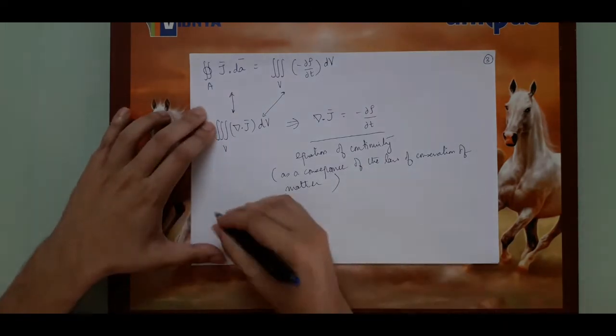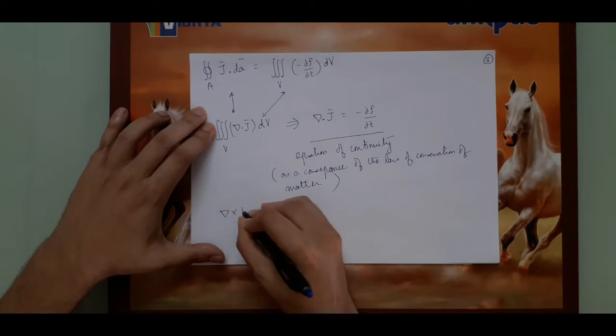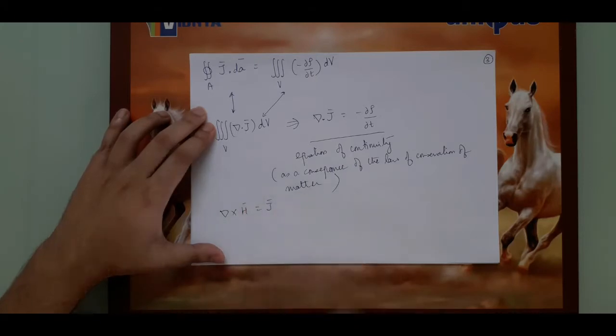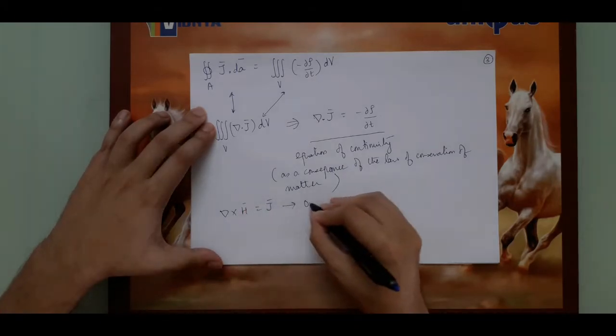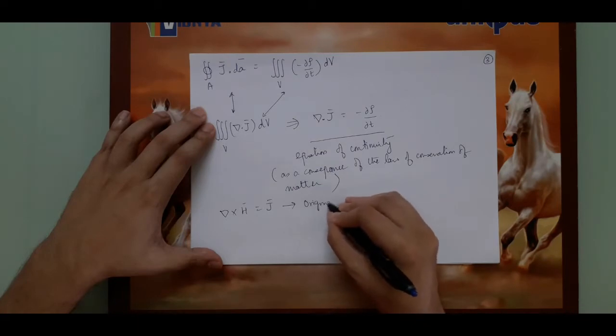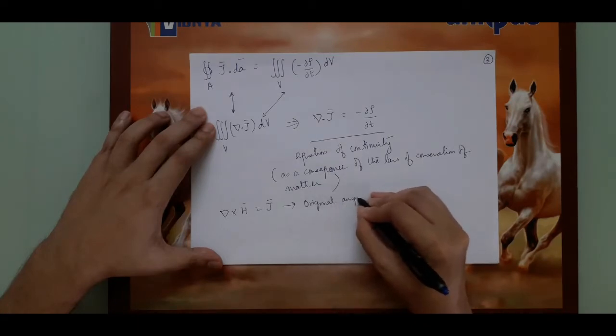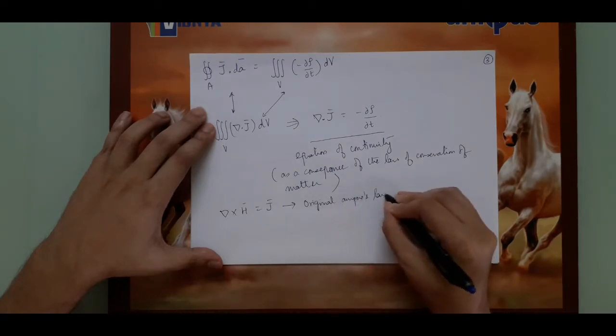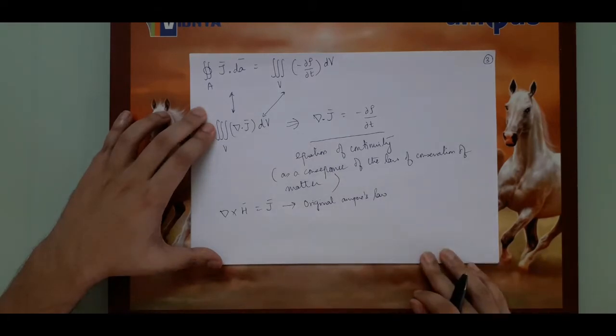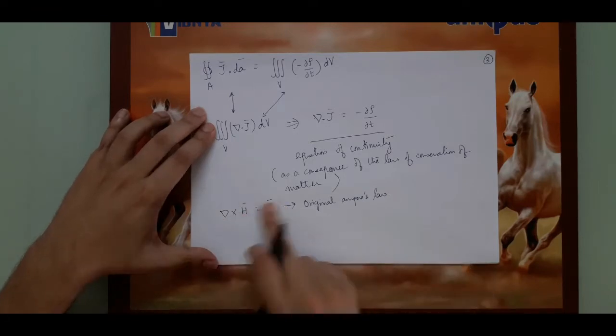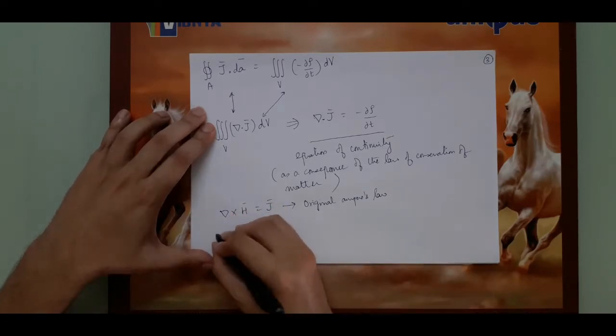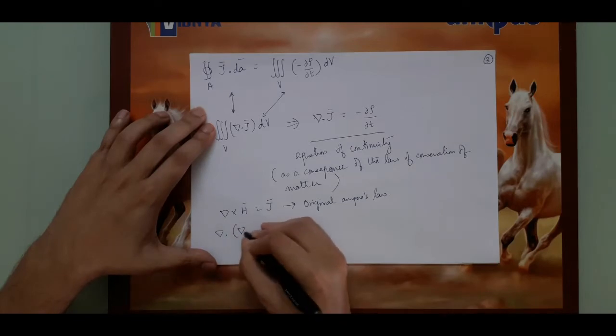How? So remember what we derived. Ampere's law was this. So now, if you take the divergence on both sides, you will get this.